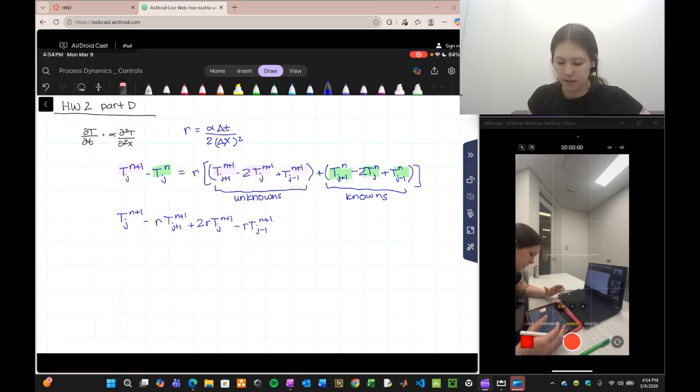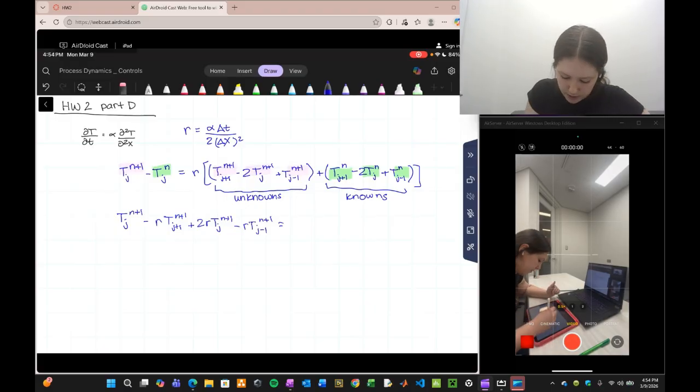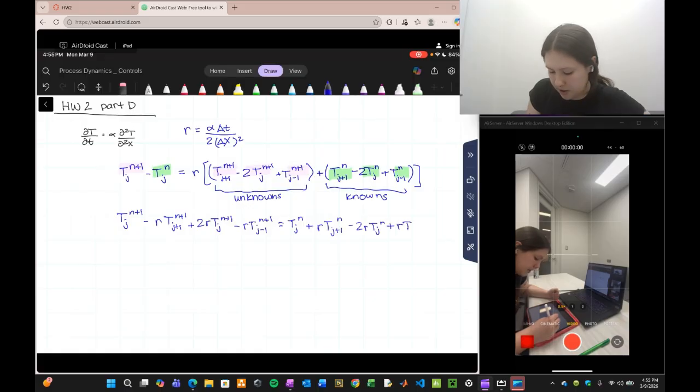And so that is our left side of the equation, and then we'll put our knowns on the right side of the equation. So we will have T sub j at time n plus R T j plus 1 n and minus 2R T j n and then plus R T j minus 1 n.